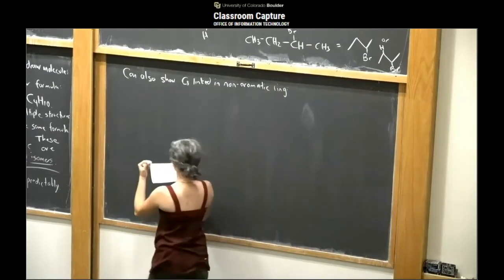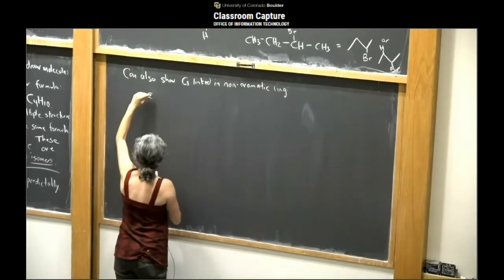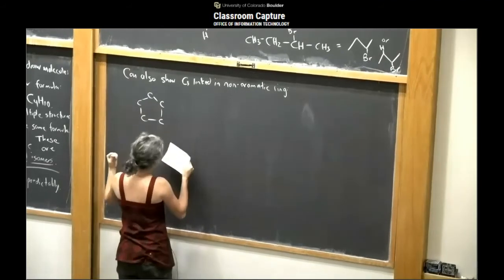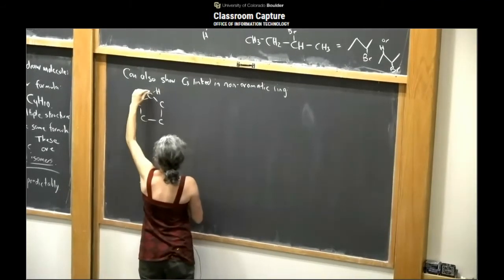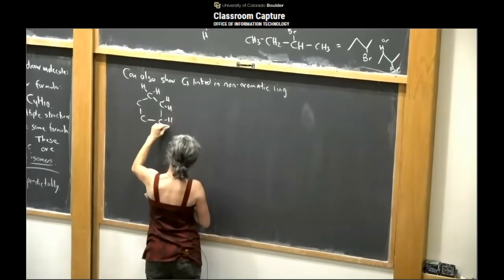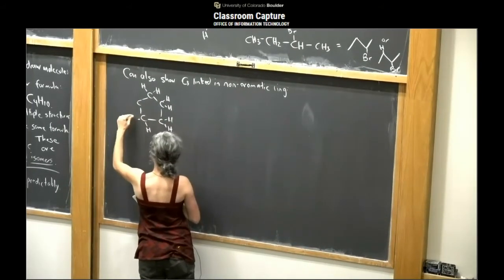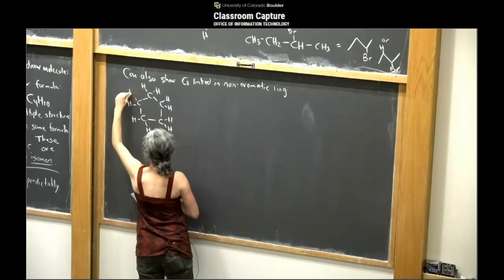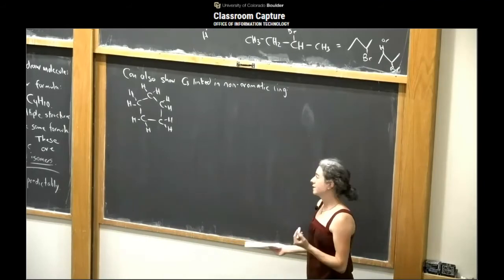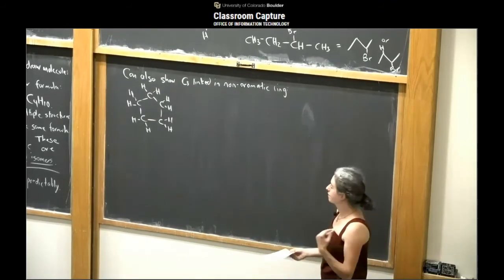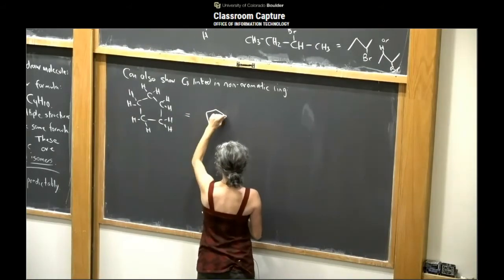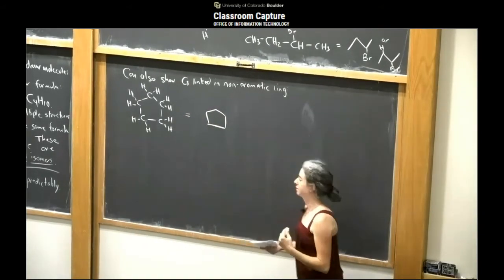So for example, maybe let's do a 5-membered ring, because that's the one I drew in my notes. Okay, so 5 carbons all linked into a ring, each with the 2 hydrogens they need to have the full octet. We can redraw as just a pentagon if we're doing skeletal structures.